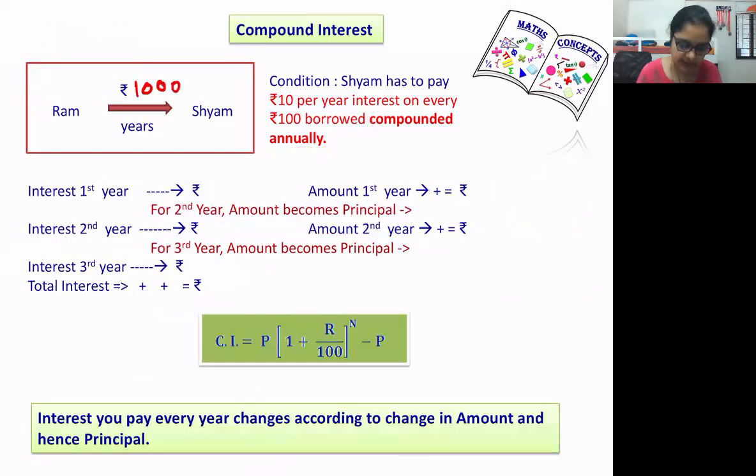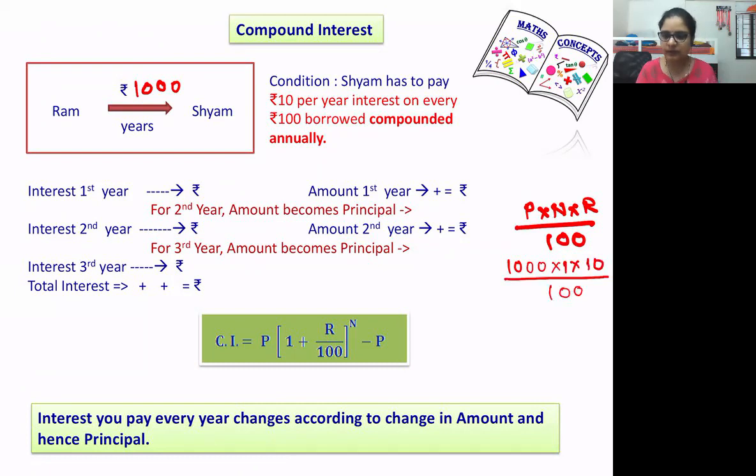Here, 1000 rupees, and for the first year, we calculated interest. We can use this PNR upon 100, P into N into R upon 100. Principal here is 1000 rupees, N is 1 year, and rate of interest is 10 upon 100. Right, Khadija? Can we cut these 2 zeros and 2 zeros? How much do we get? 100 rupees.